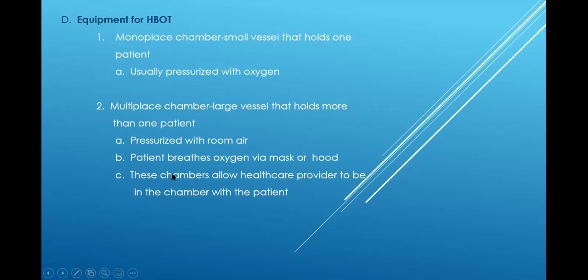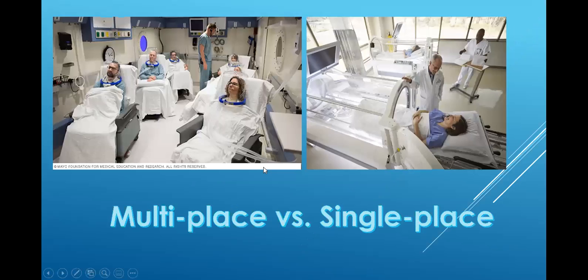All right. So the patient breathes oxygen via a mask or a hood, and these multiplace chambers allow a healthcare provider to be in the chamber with the patient. So here's an example. On the left, you see multiplace chambers. You got patients in here, and here goes the worker right here.